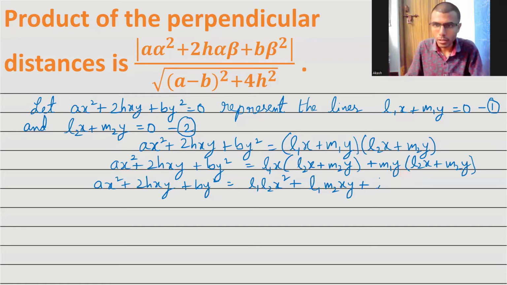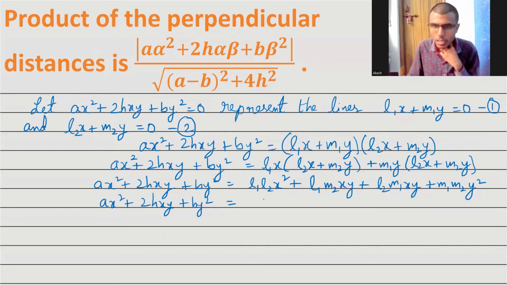See, observe the order in which I'm writing. I'm first putting L, then M, then xy. It looks good, like a standard order. And then M1y into M2y is going to be M1 M2 y square. Now again, it's your wish. You need not write it every time, but it's good if you put down this LHS part.